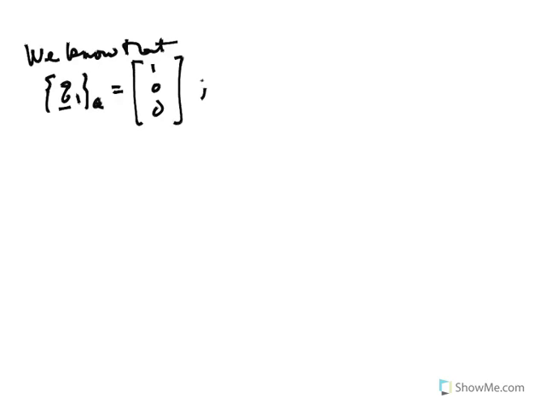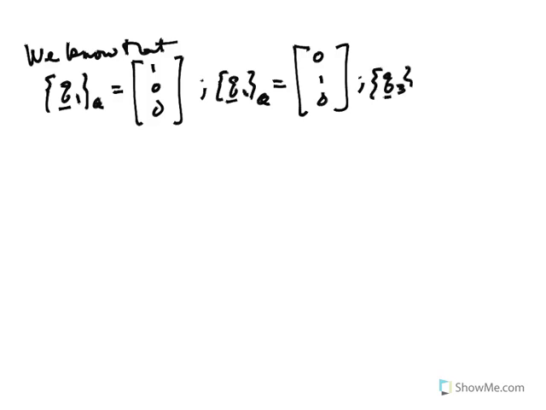We know that Q1 expressed in Q is equal to 1, 0, 0, and we know that Q2 expressed in Q is equal to 0, 1, 0, and finally we know that Q3 expressed in Q is equal to 0, 0, 1.